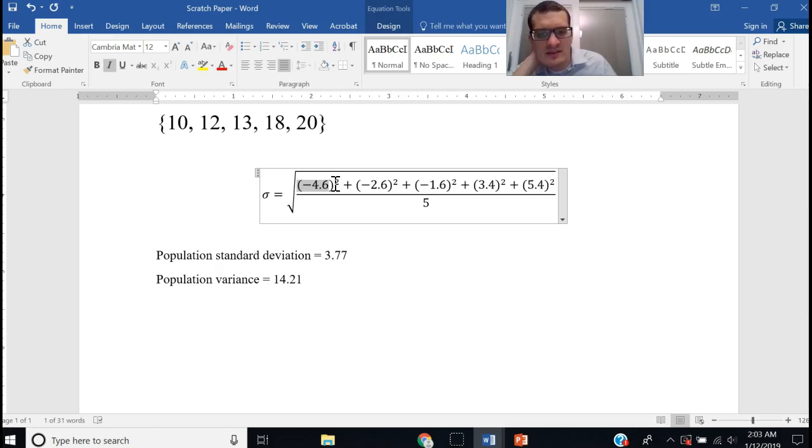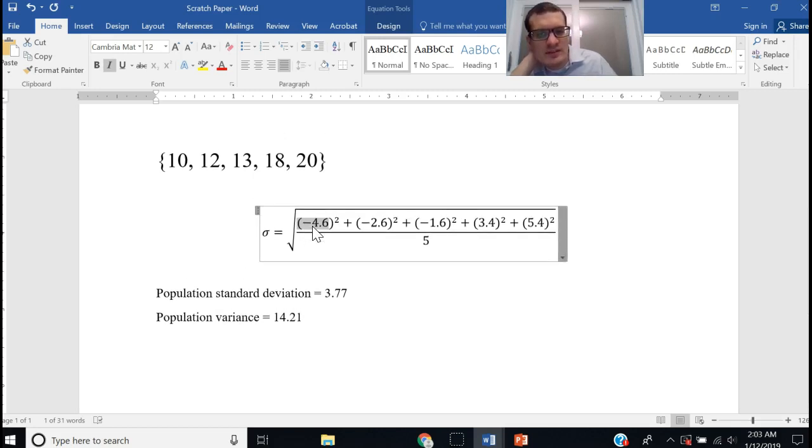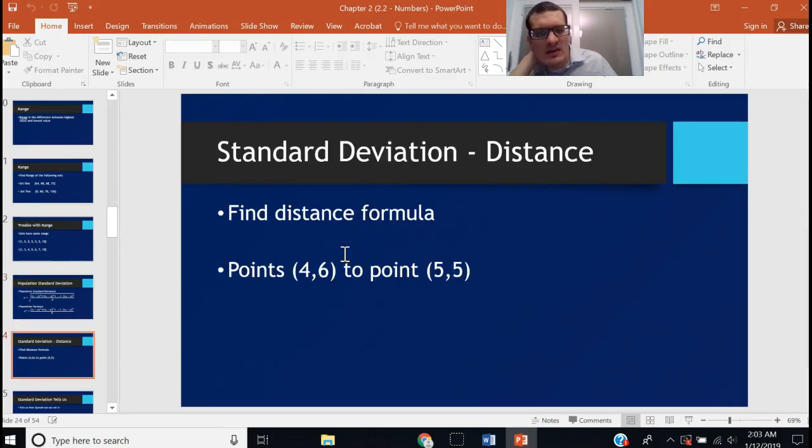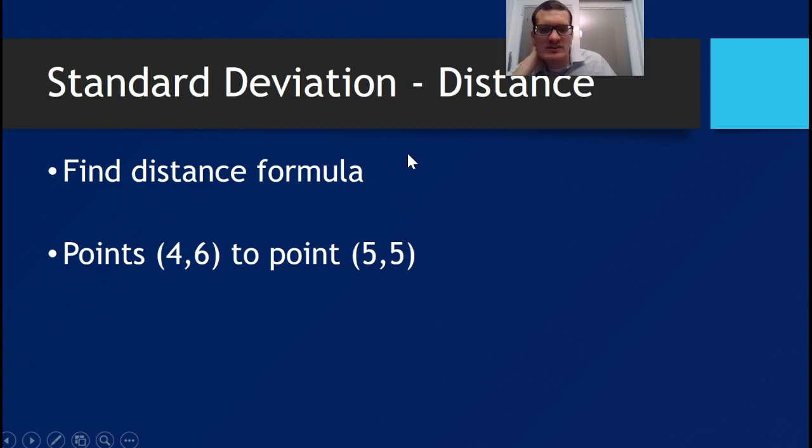So it's going to take those negatives, and by squaring, all of these things become positive. All right. And so that's what's going on. So that's kind of the numerical way to see the standard deviation. But the more intuitive way is to think about standard deviation as being a distance. All right.